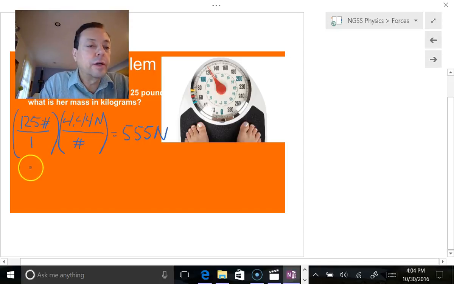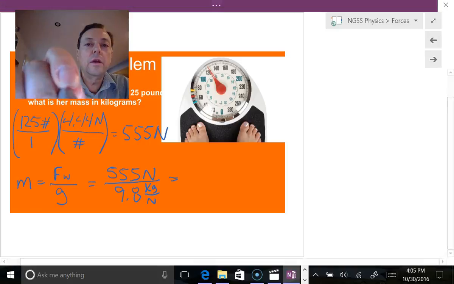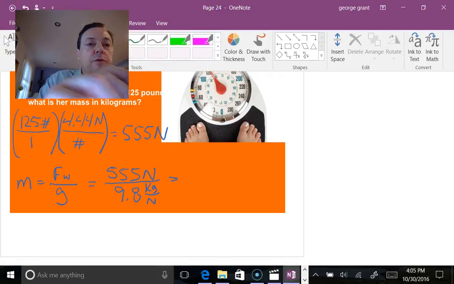And mass in kilograms, mass is going to be the force of the weight divided by acceleration due to gravity. So 555 newtons divided by 9.8 kilograms per newton. Or I'm sorry, that is not kilograms per newton.